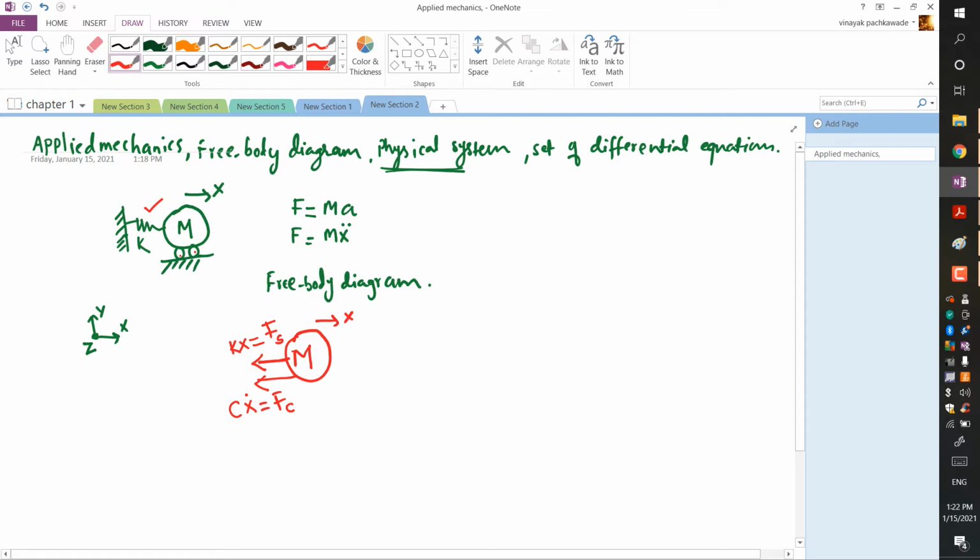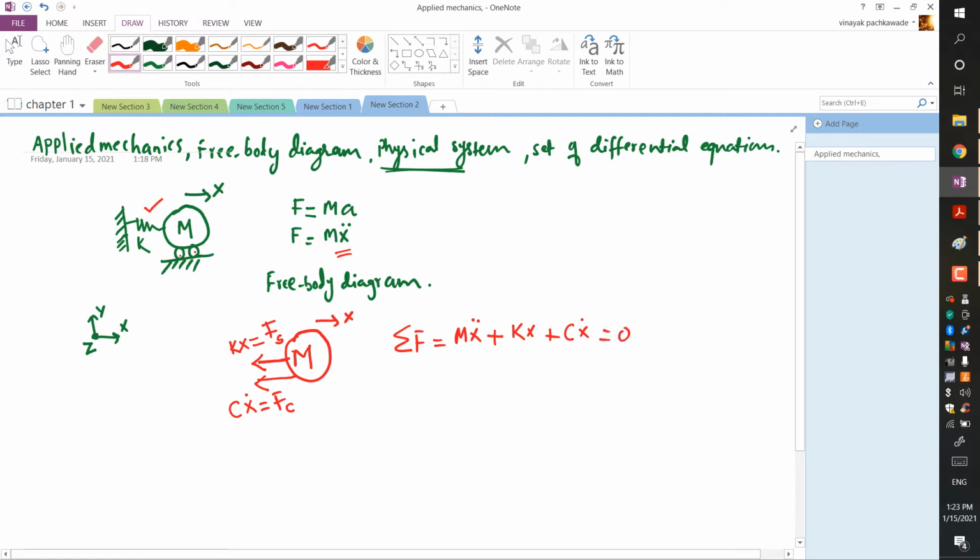So we can then sum. This is the free body diagram of this object, and here we write the summation of forces. The first force is m x double dot, another force is fs, which is k times x, and another force is fc, which is c times x dot, and we equate it to 0.